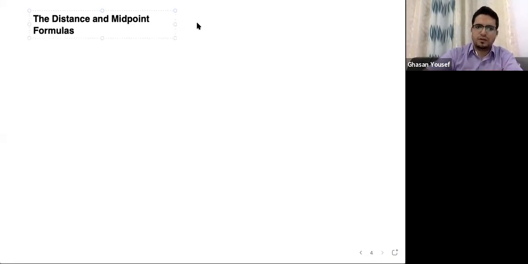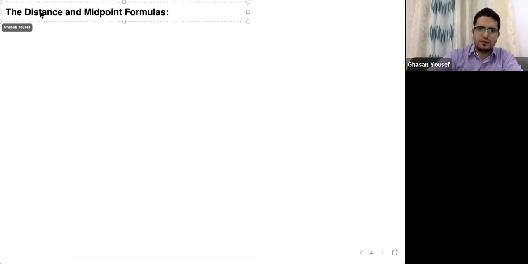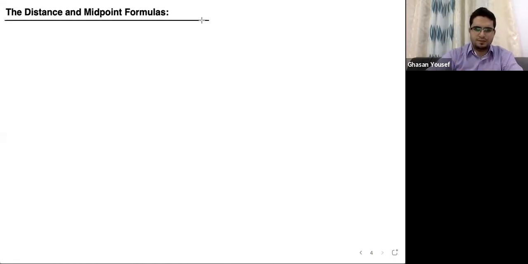I have 2 important formulas in this section: the distance formula and the midpoint formula. Here is the distance formula.